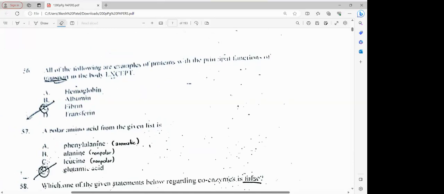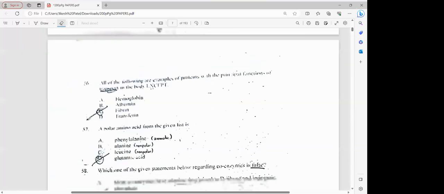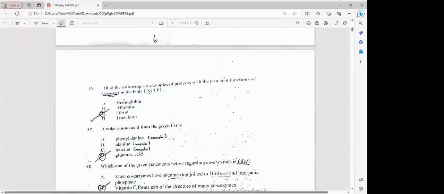Transport. Transport in the body except fibrin, as we said yesterday. And then a polar amino acid from the given list is glutamic acid. I think we did this yesterday.